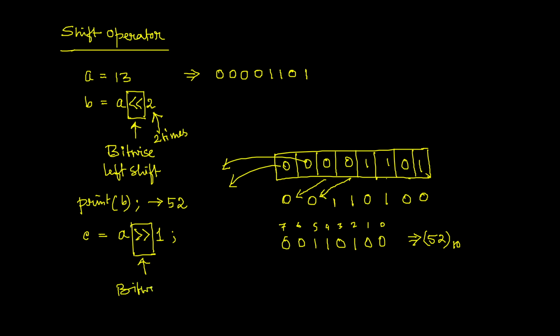Bitwise right shift, how many times? 1 time. So the original number was 0 0 0 0 1 1 0 1, and if it is right shifted by 1, this last one will be thrown out, and instead of 1, this 0 will come, then 1 will come, then this second 1 will come, and the other 4 zeros will come one by one.